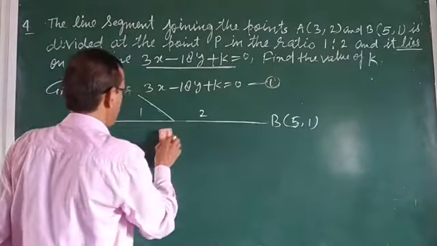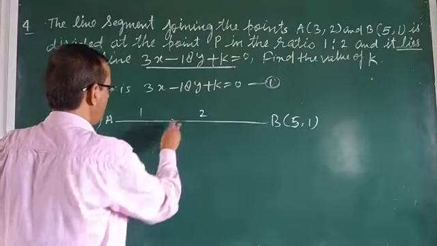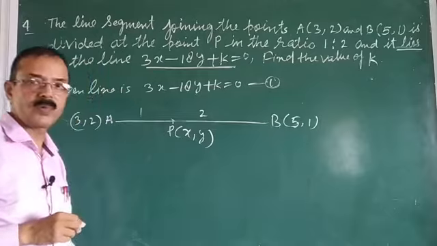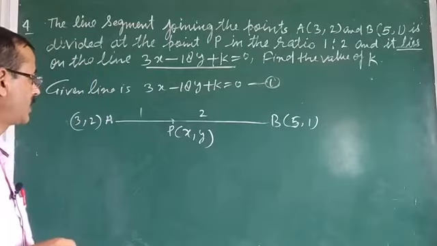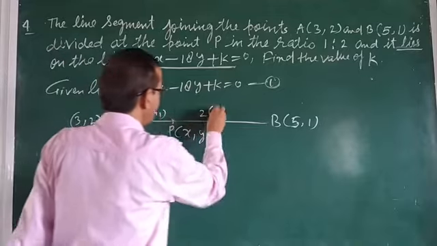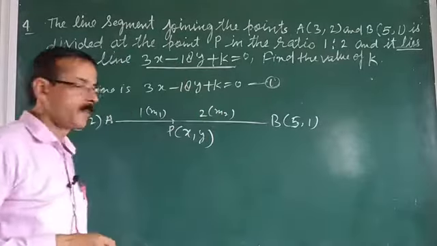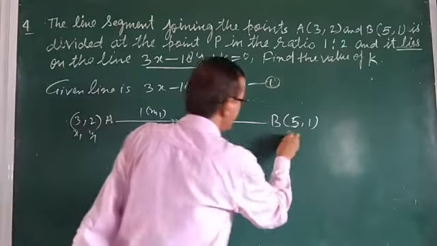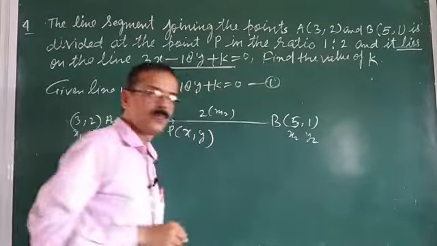So let the coordinate of P be (x, y). First we have to find x. This is m1, this is m2, this is x1, this is y1, this is x2, this is y2.